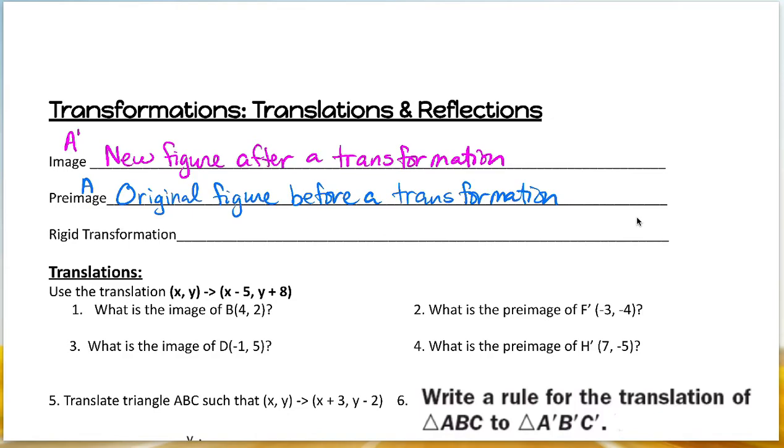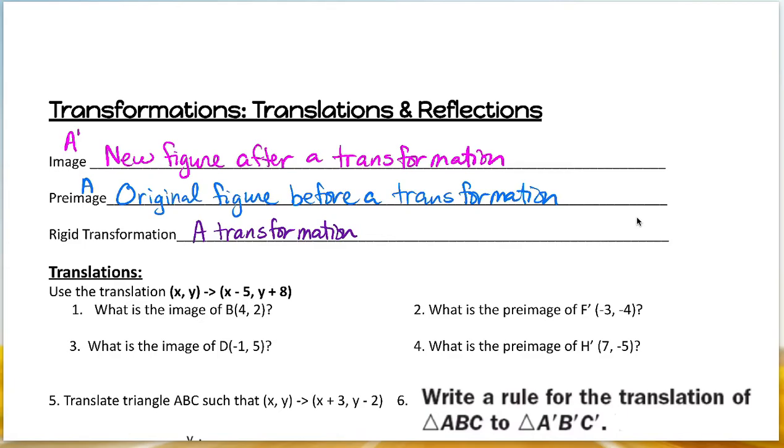A rigid transformation is a transformation that keeps your figures congruent.